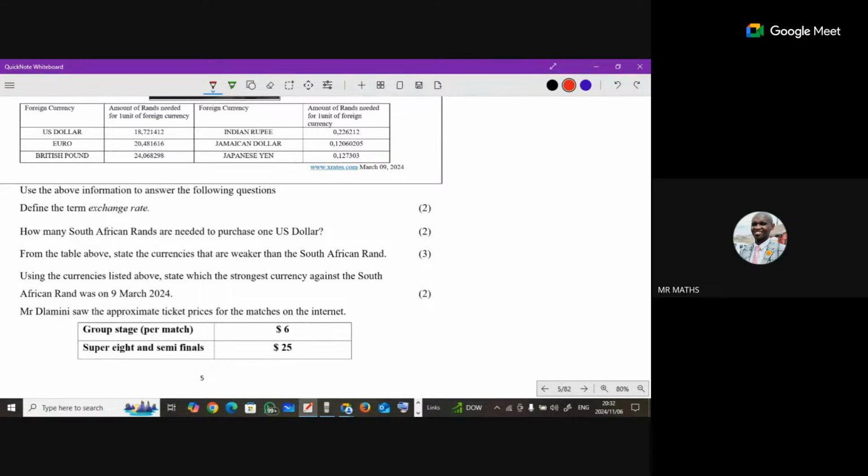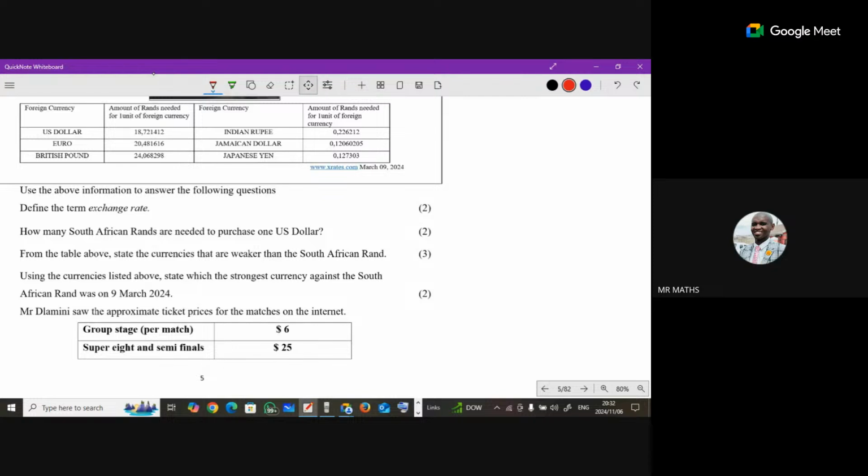Second. Are you still there, Chief? So the cost of one's currency relative to other countries' currency.